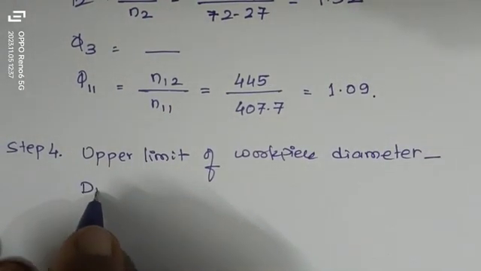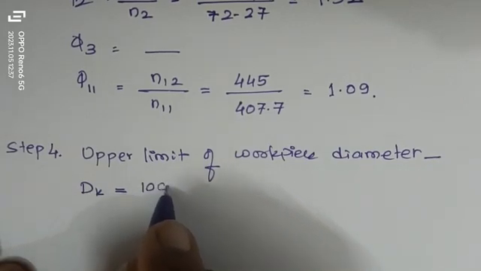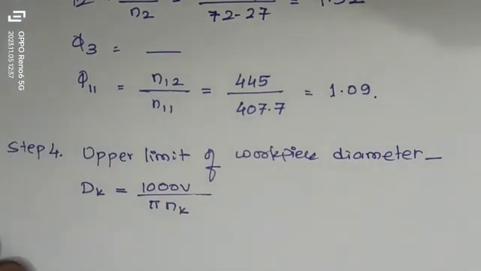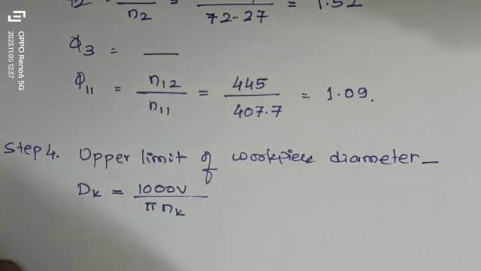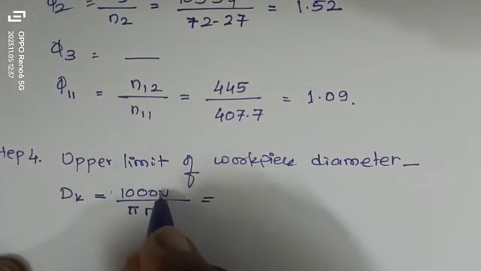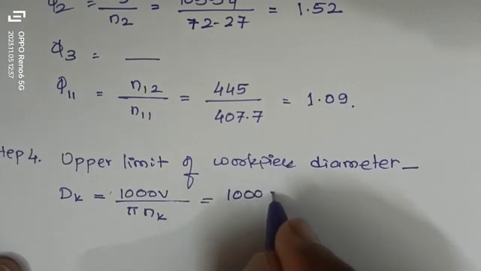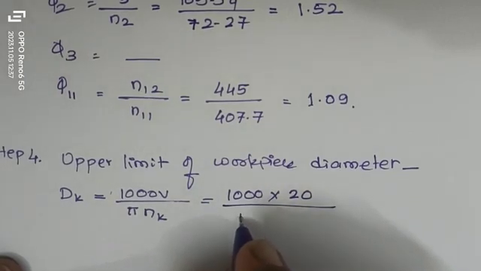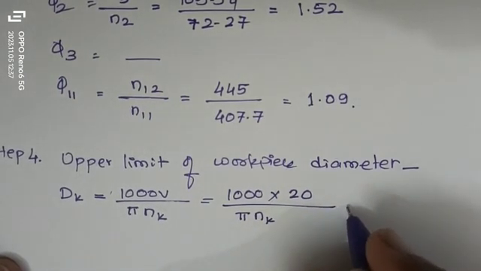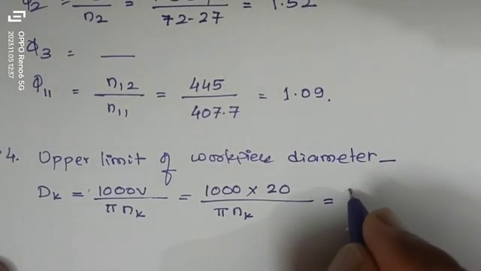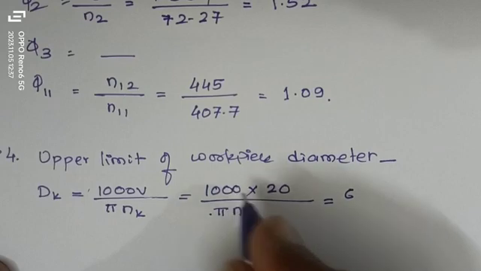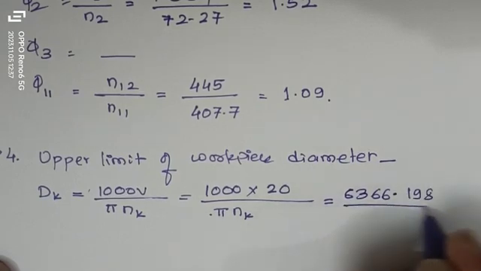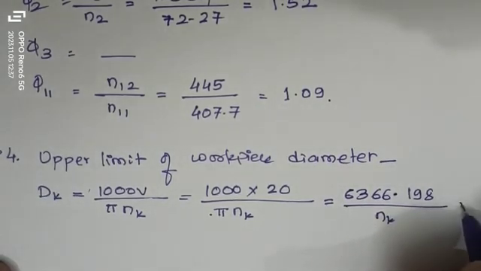So we can say dk equal to 1000 V divided by pi into nk, right? So we know the values here. 1000 into V, which has been given as 20, divided by pi into nk. So I could write this as 6366.198 divided by nk. It's in mm.